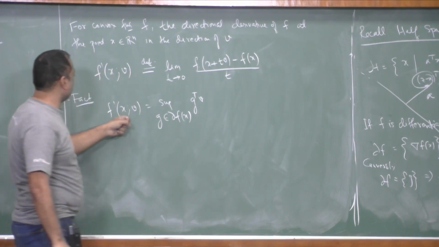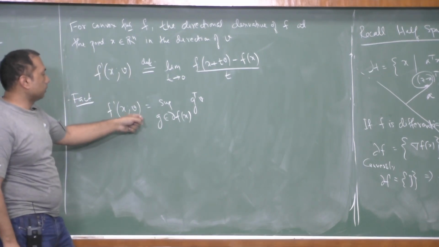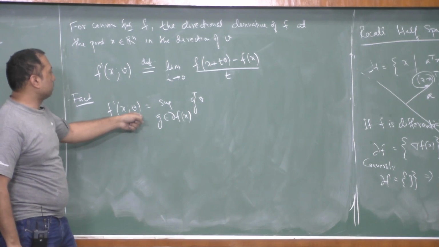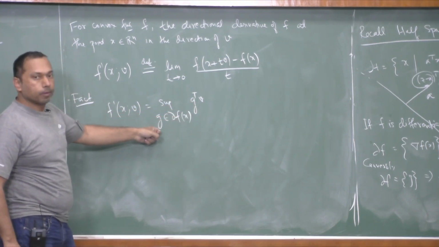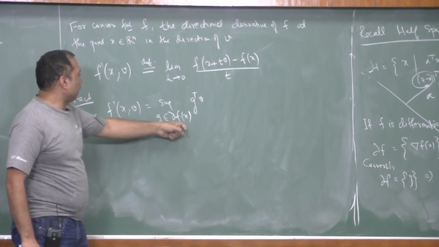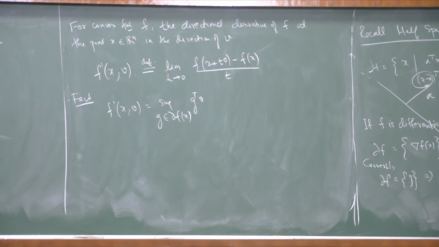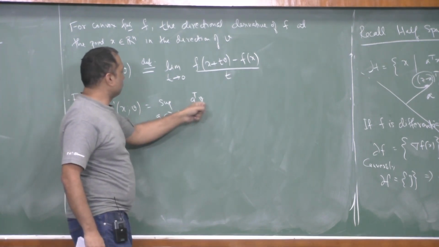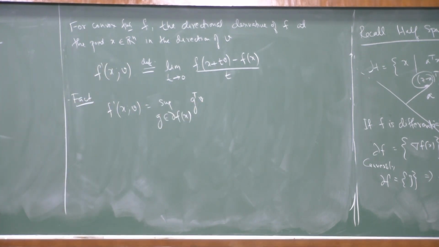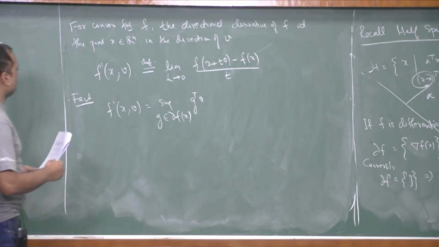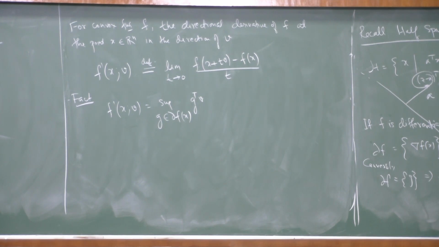So the directional derivative at a point x along the direction v is the supremum of all possible g that you can find at the point x, applied on v, picking the g for which g transpose v becomes the maximum. We can prove this, but let us skip it and keep it in mind.